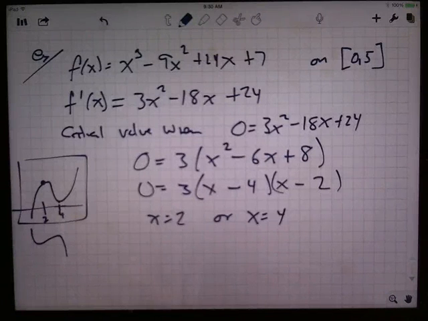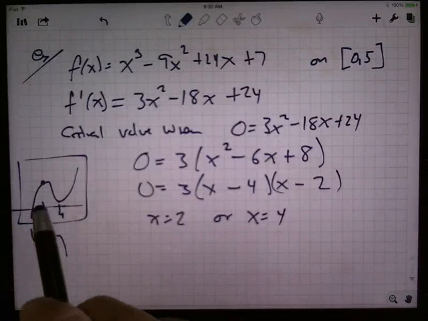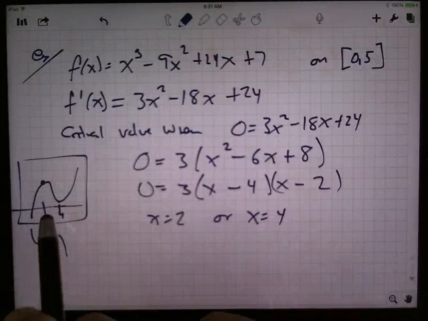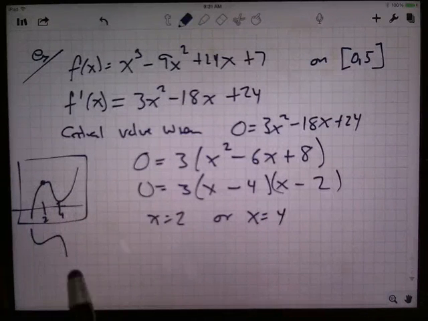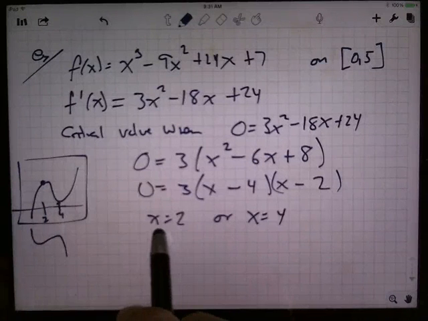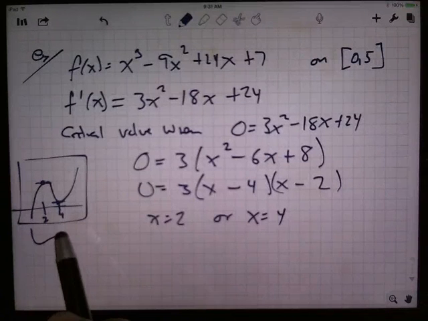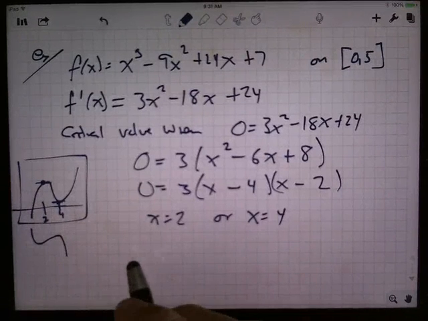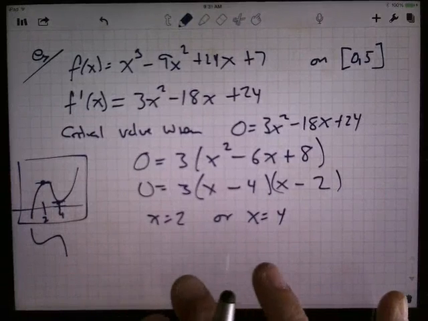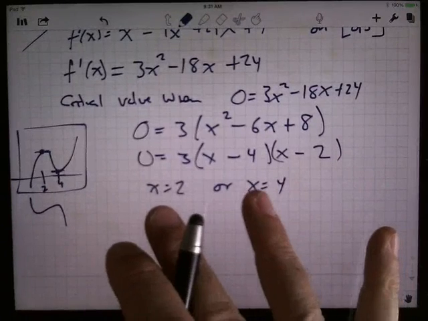Okay? I'm all in favor of using that kind of reasoning. You know information about polynomials. Now I know exactly where that high point and that low point are. I don't have to guess. I mean, derivative 0 could be either max or min, but I use a little bit more knowledge of the function to tell me which one's which. But those are the two critical values.